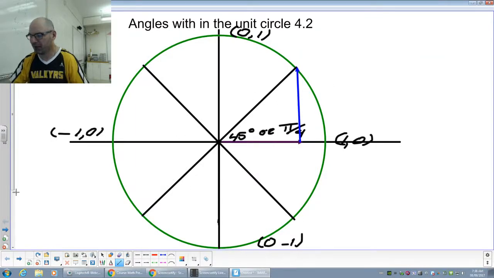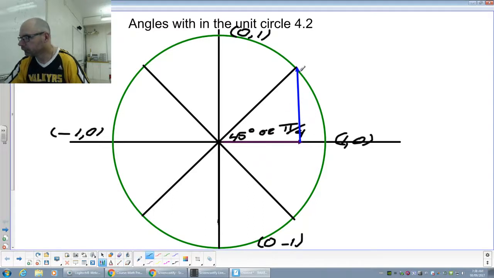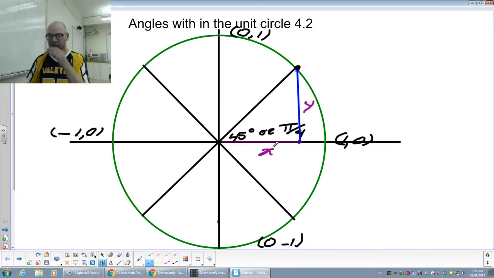So this point up here, okay, and this is our x in purple. And our y down here. Now we know the relationship here. 45 degrees, this is, okay, 1, 1, and root 2.